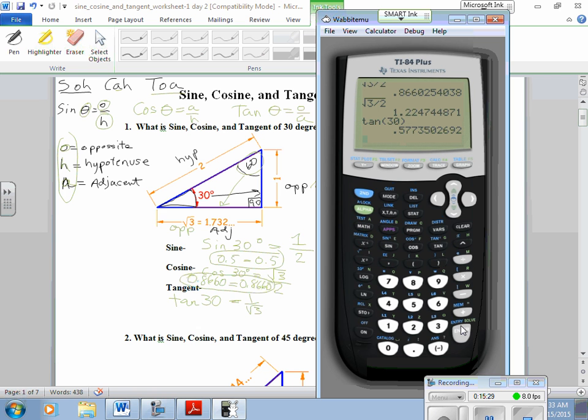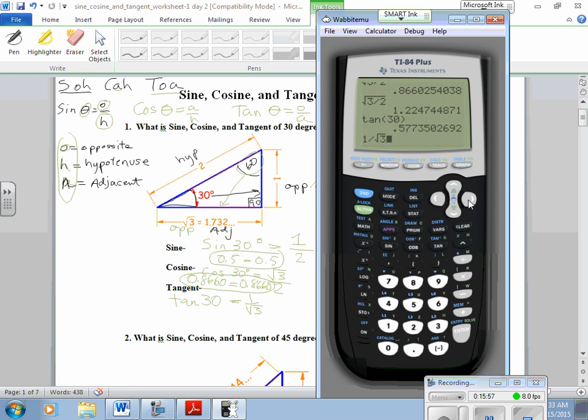Notice the decimal values for sine of 30, cosine of 30, and tangent of 30 are all different decimal numbers. But remember, to check tangent of 30, you have to do 1 divided by square root of 3. Okay? So now hit 1. When you hit divided by, you can use a parentheses if you want. Square root of 3, and then get out of the square root symbol.